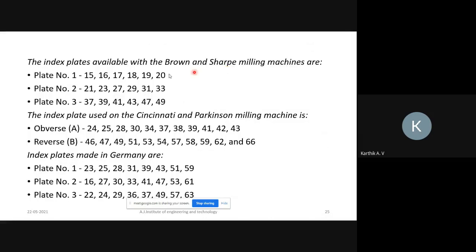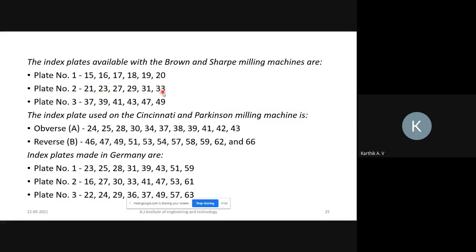Here you can observe, please note down these plate numbers. Plate number 1 has 15 hole circle, 16 hole circle, 17, 18, 19, 20, like that. Plate number 2 has these varieties of hole circles: 21, 23, 27, 29, 31, and 33.